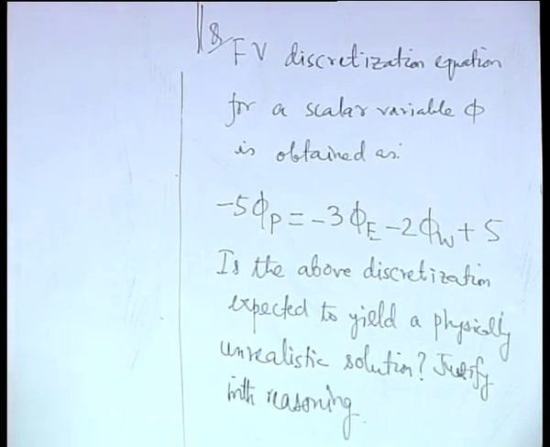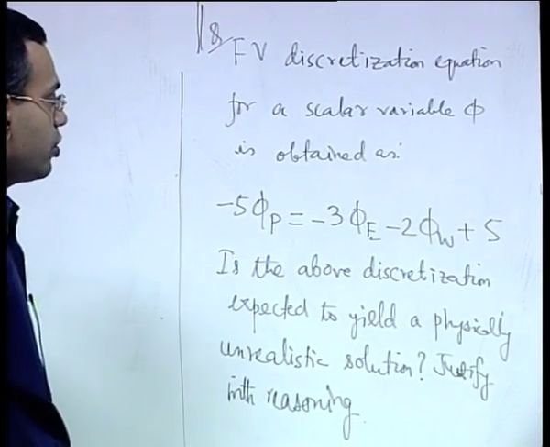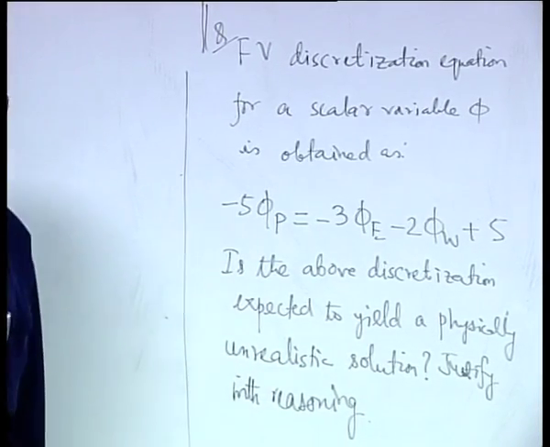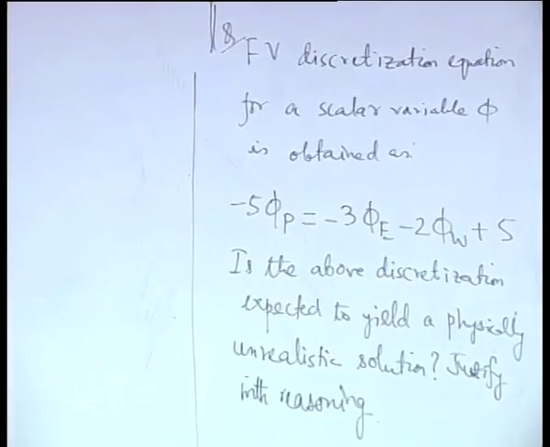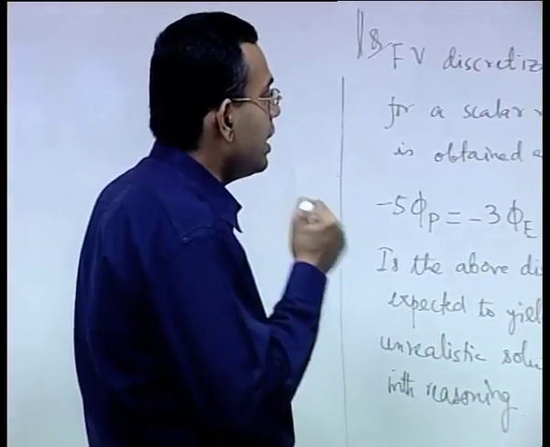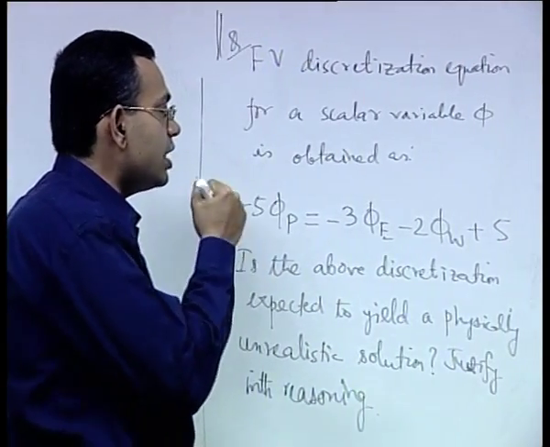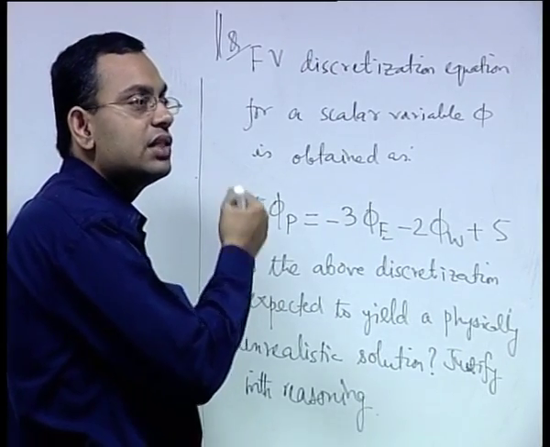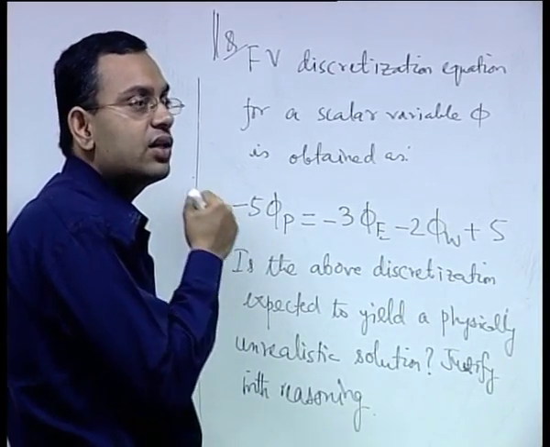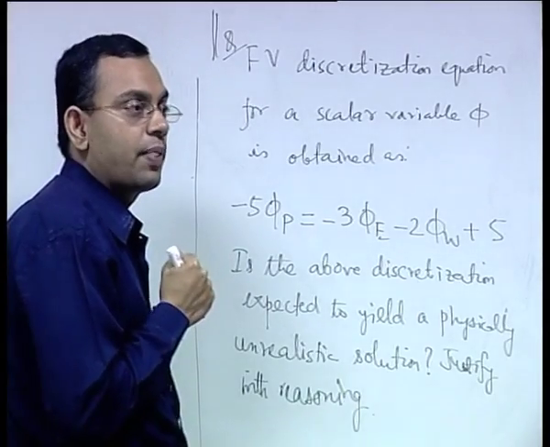So, a key towards understanding this particular question is that we have only limited information on the nature of the equation which is discretized, and we should assess it on that limited information only.